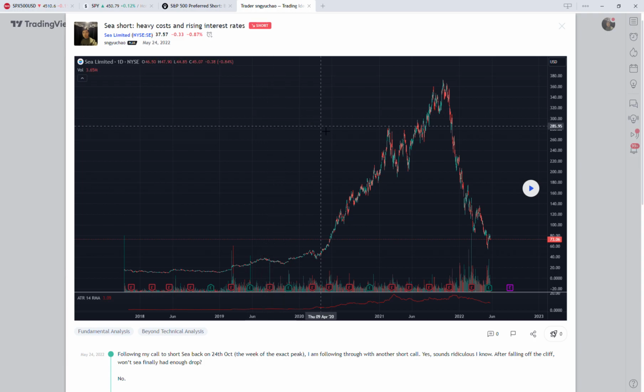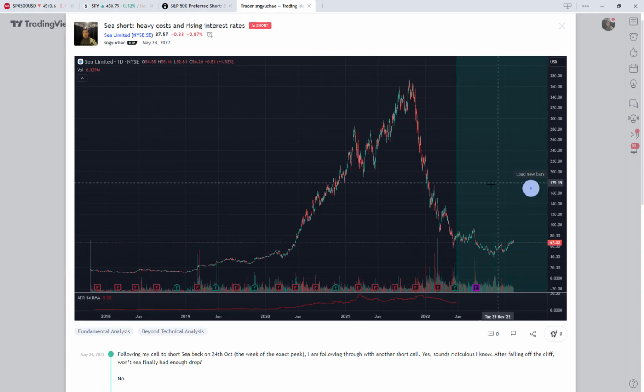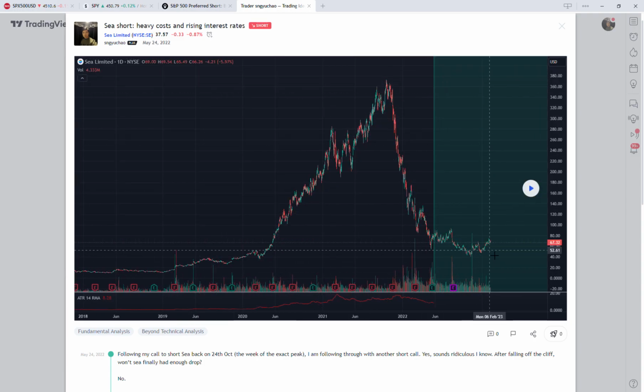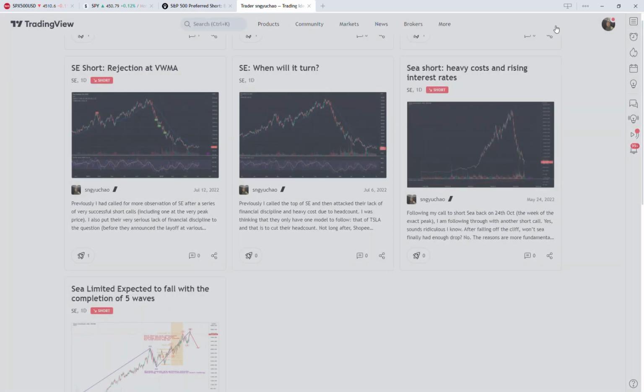So I know that the human resource cost is very high, and also for other expenses, they don't really spend much thought on cost. So if you see over here, I call for this. I continue to say that this stock will not do well, and we know how it goes.